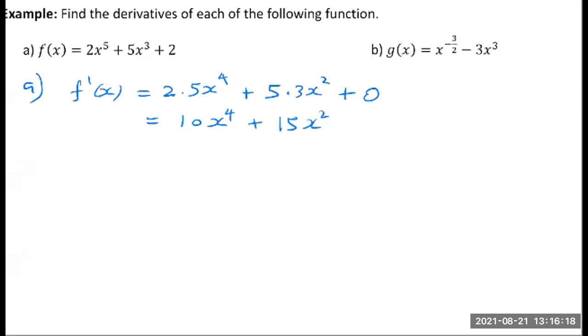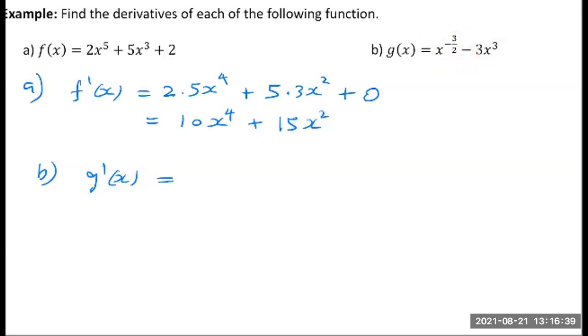What about the second one? Part B, g prime of x. There we can apply the difference formula, right? You have a function minus another function. Then all you do is take the derivative of the first function minus the derivative of the second function. Let's do it.